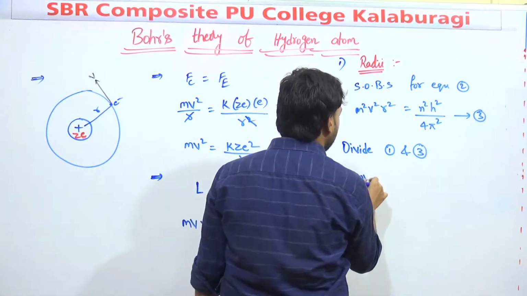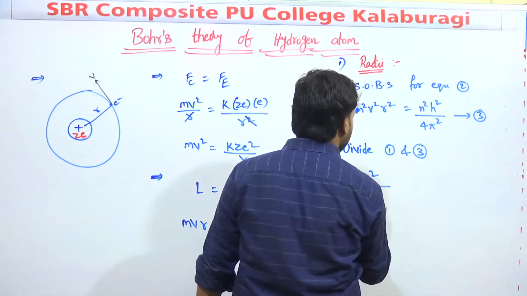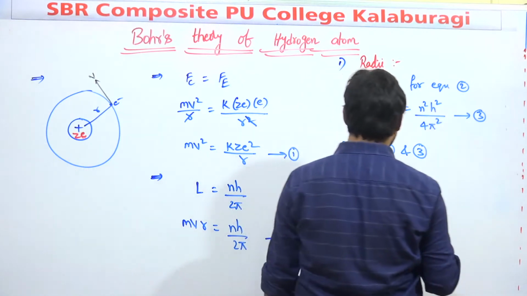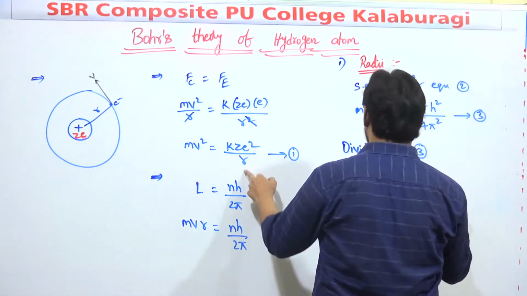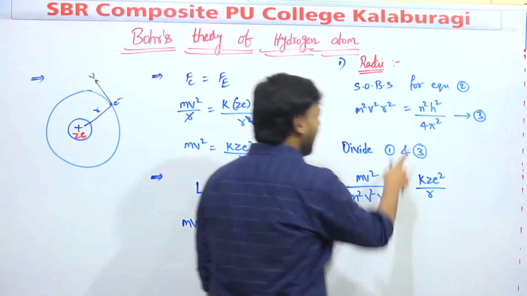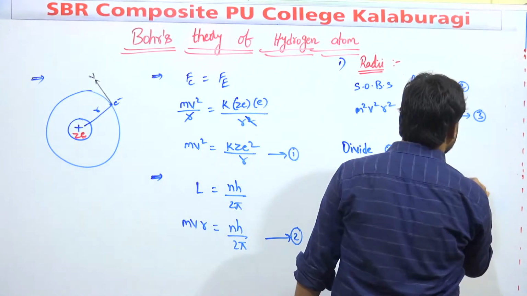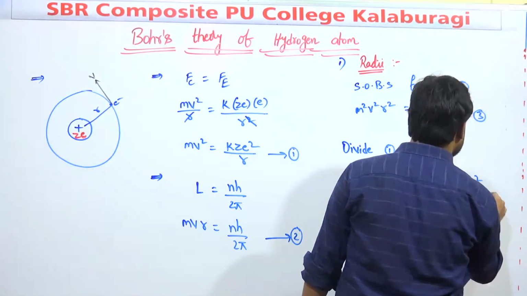So mv square, this LHS, divided by m square v square r square, which is equals to, on the other side, mv square, so it is kze square divided by r, and in the denominator it is reversed, so it will be 4 pi square divided by m square h square.